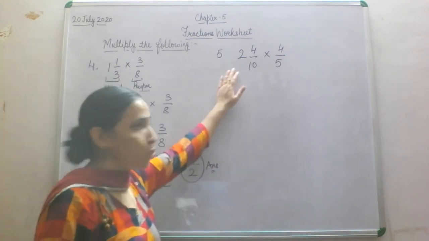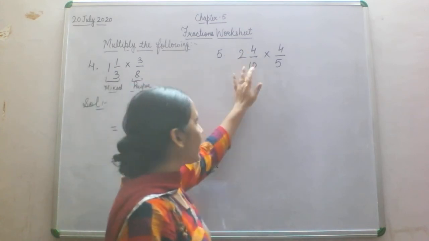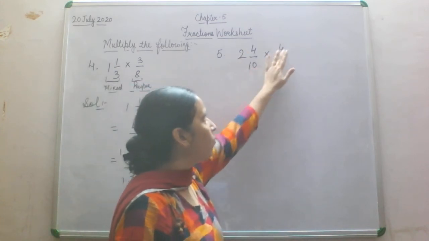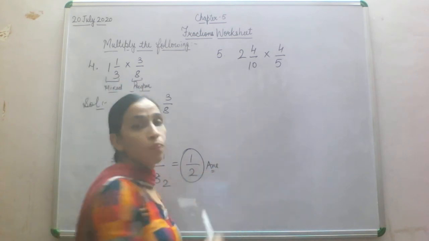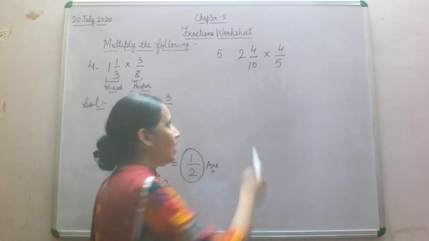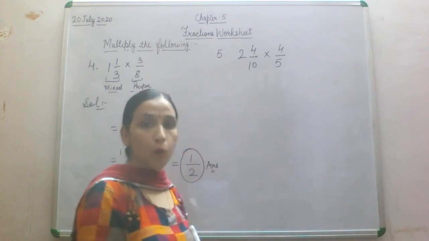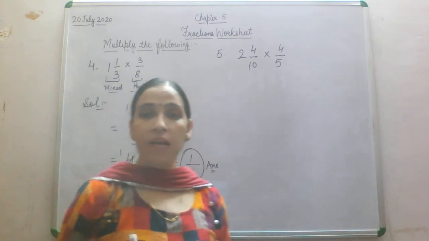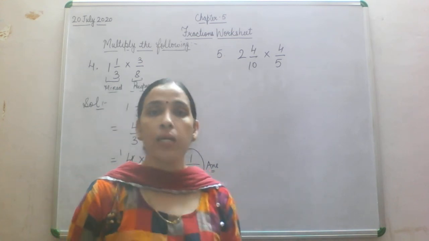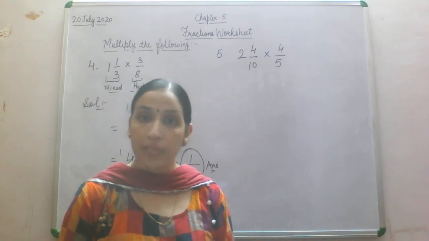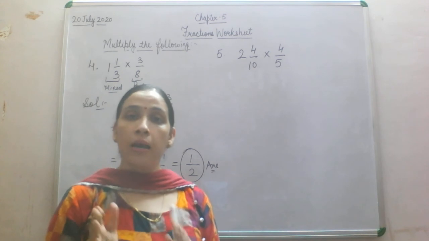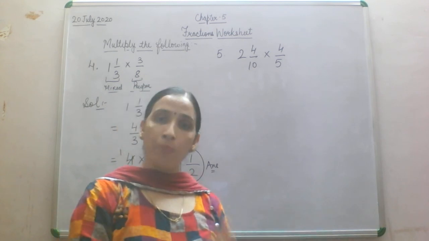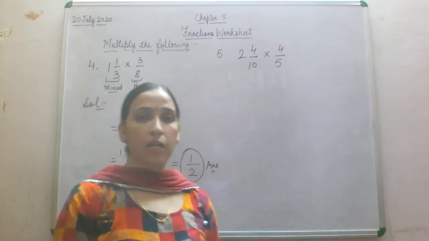See it carefully: 2 4 by 10 multiplied by 4 by 5. Now tell me first, which fraction is this? Mixed fraction. And which fraction is this? Proper fraction. Now a mixed fraction is supposed to be converted into which fraction? Yes, it's supposed to be converted into an improper fraction, because a mixed fraction comes from an improper fraction only.